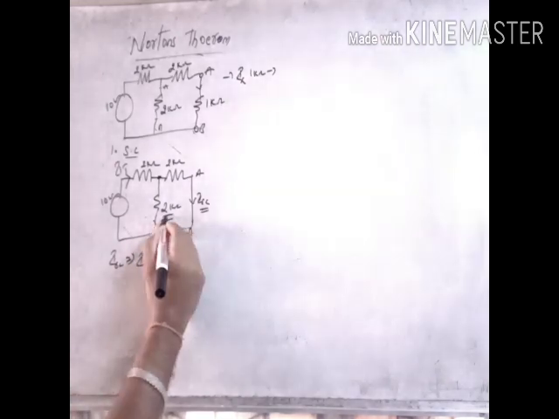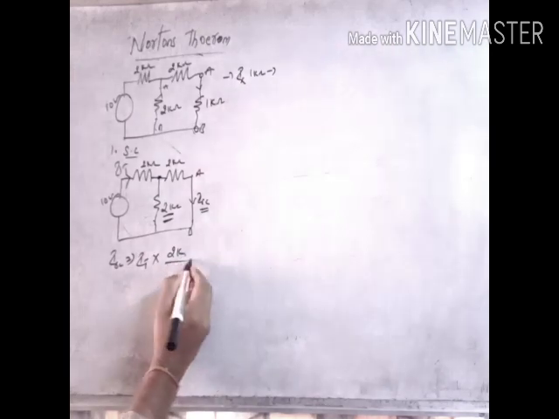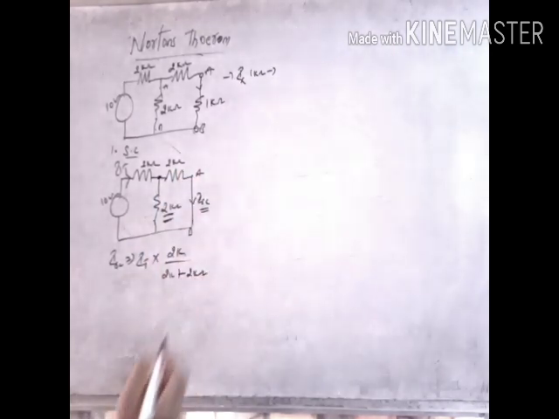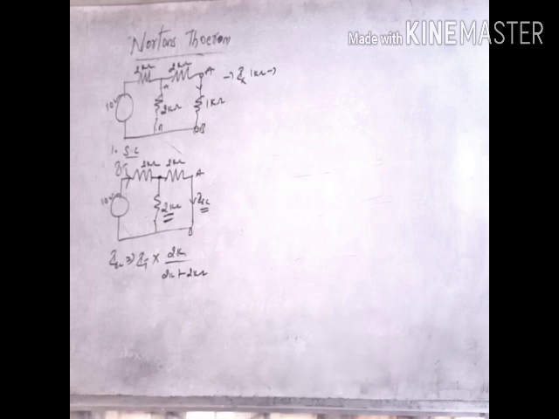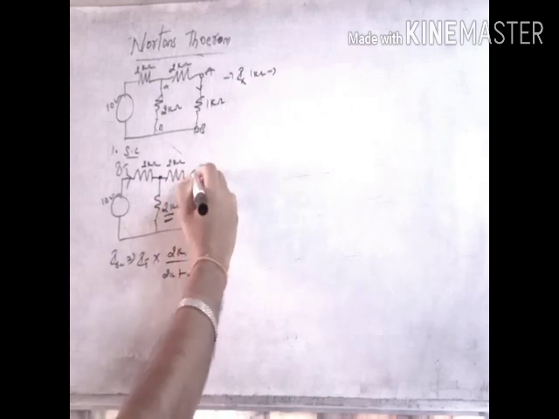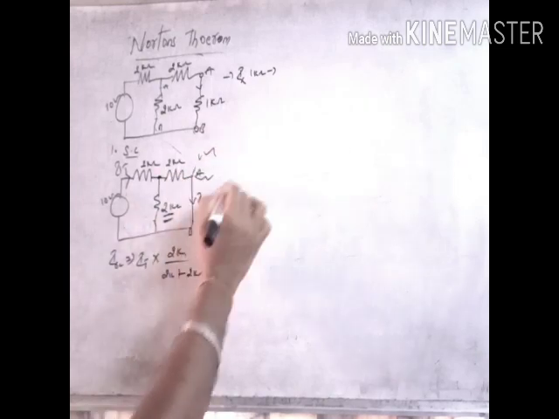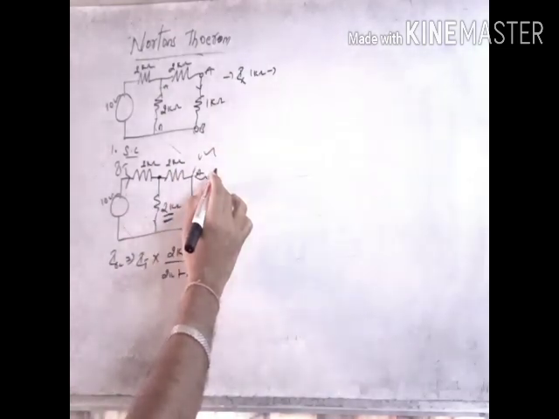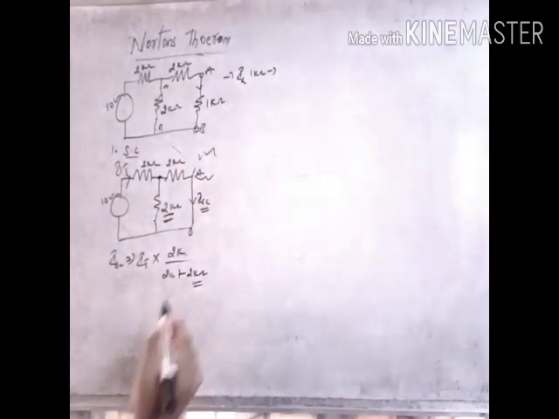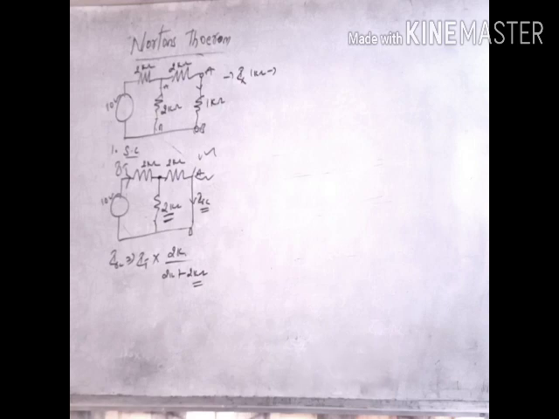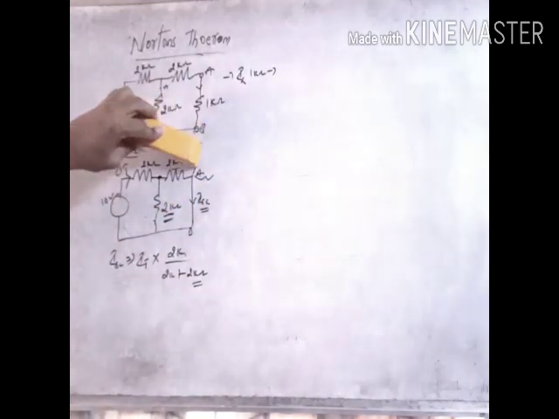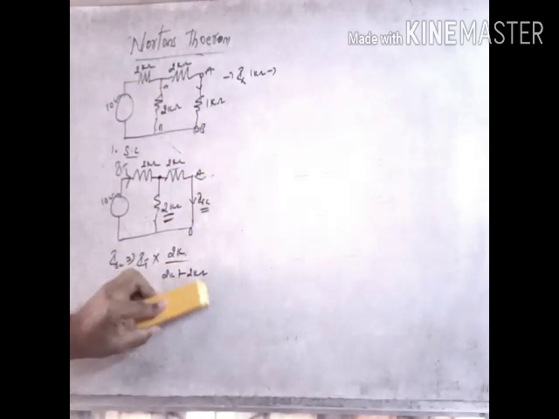That is, this 2 kilo ohm is the opposite resistance, over 2 kilo ohm plus the other resistances. Only 2 kilo ohm is present here, so I have placed it directly. If there were additional resistances, we would simplify them using series-parallel combination and place the total resistance in this place.